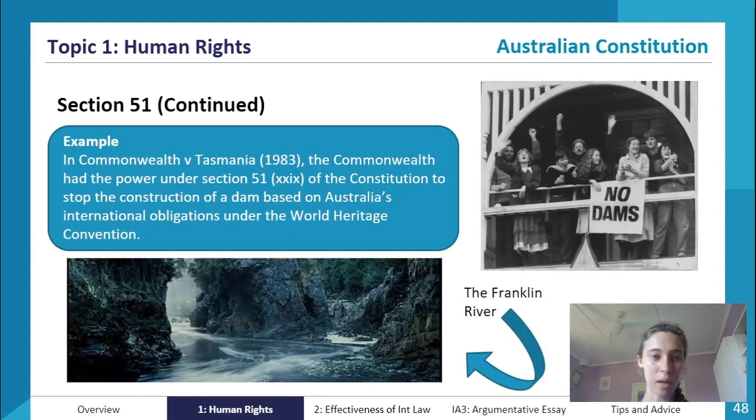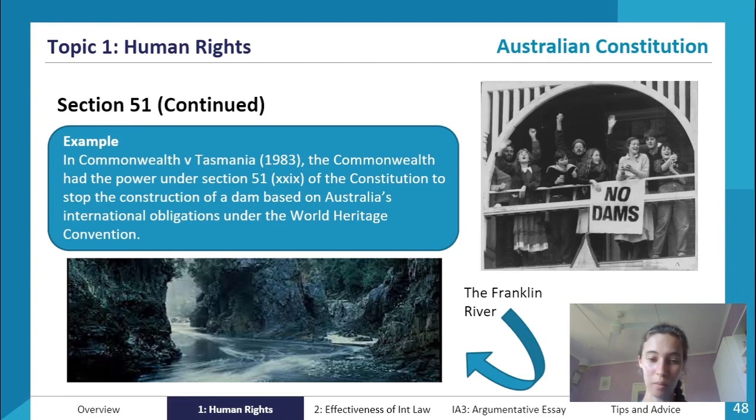So, an example here. So, in Commonwealth v Tasmania from 1983, the Commonwealth had the power under Section 51 to stop the construction of a dam based on Australia's international obligations under the World Heritage Convention.